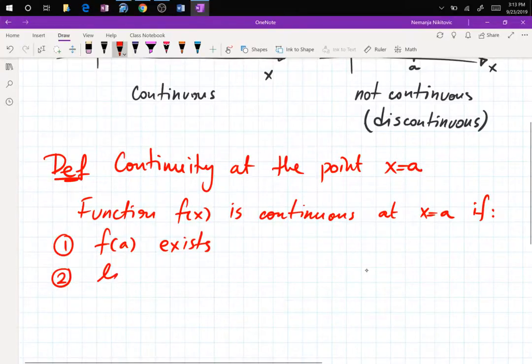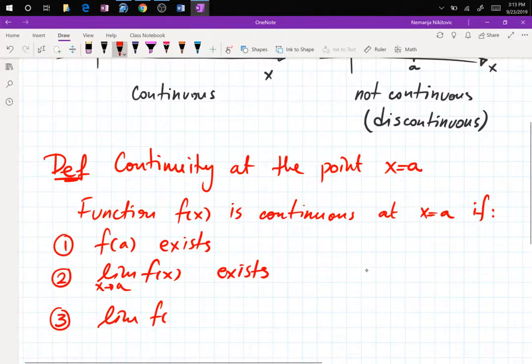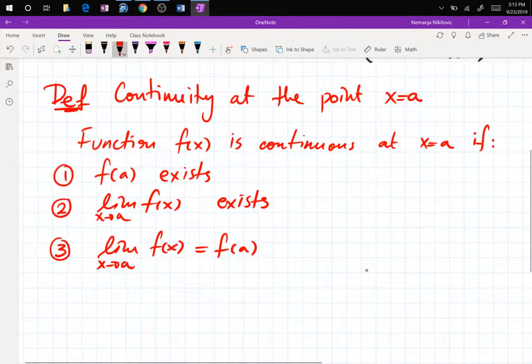Number two, the limit of f of x as x goes to a exists. And number three, the limit of f of x as x goes to a is equal to f of a. Those are the three rules that will show that the function is continuous.